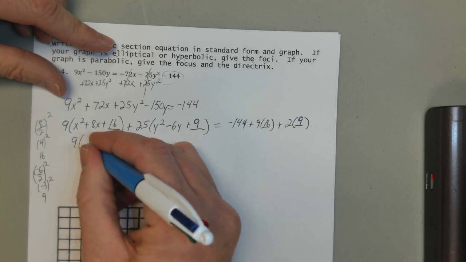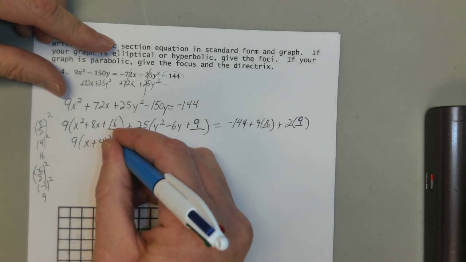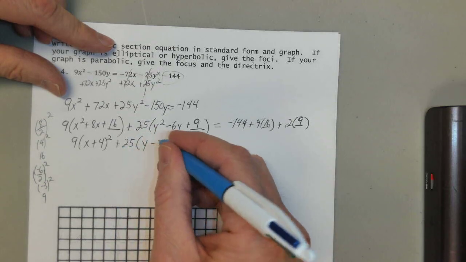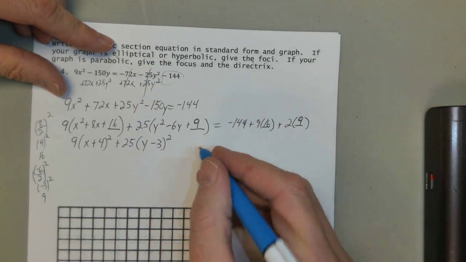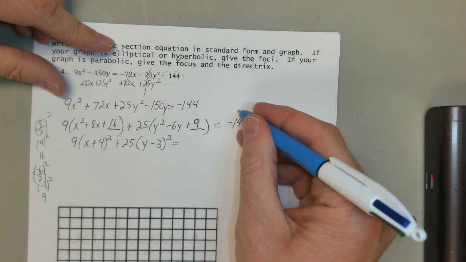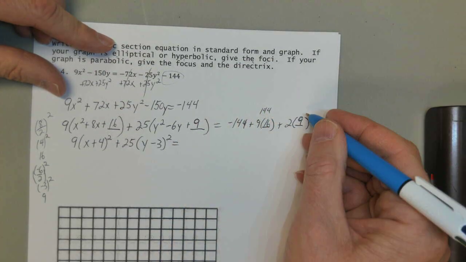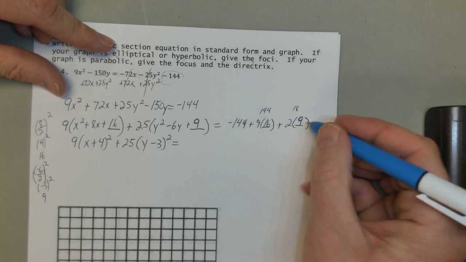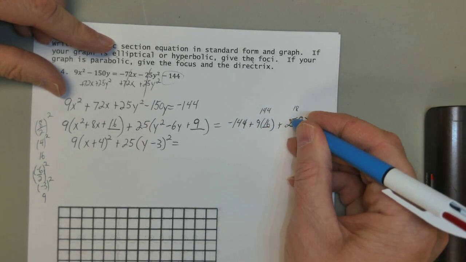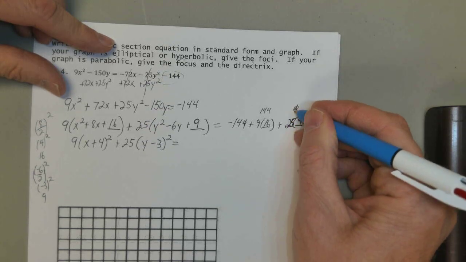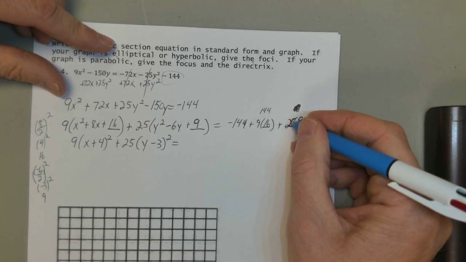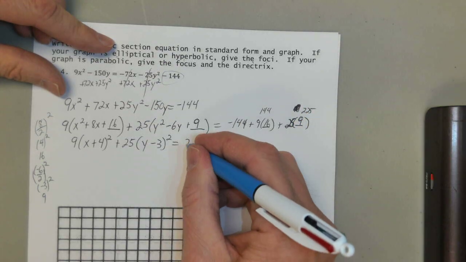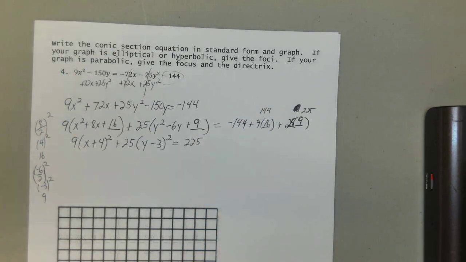And I got 9 times x plus 4 squared plus 25 times y minus 3 squared equals, and that's 144, and that's 18. Not 2, that's 25 times 9. Okay, a little different. 225. So I'm going to put 225 right here.